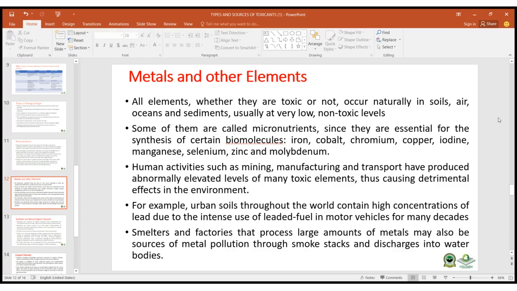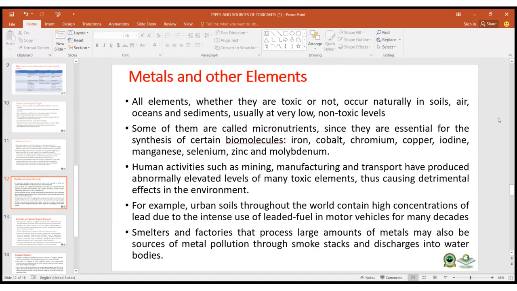Under normal circumstances, the metals exist in the environment at very low non-toxic levels. But activities of mining, manufacturing, industry, and even transport have led to an increase in the level of these chemicals.